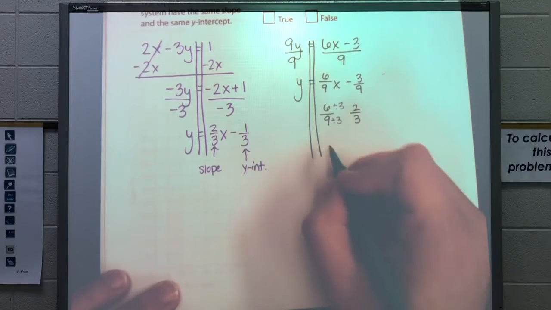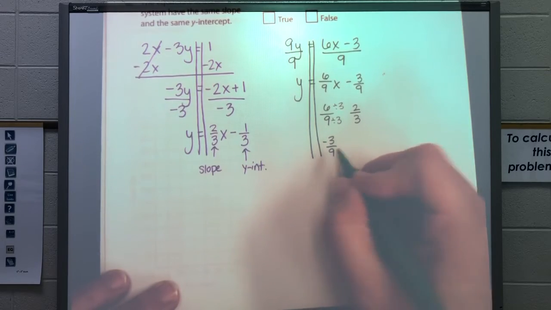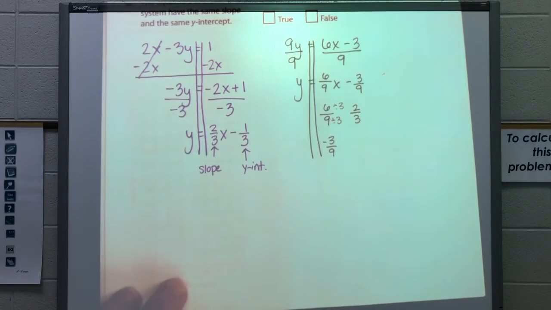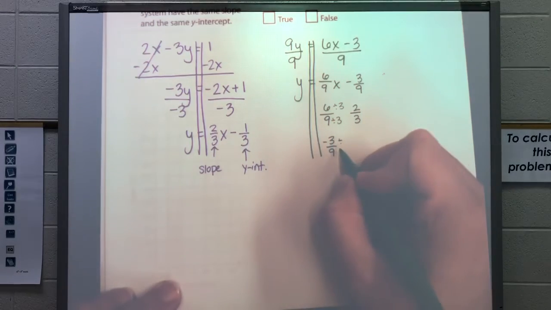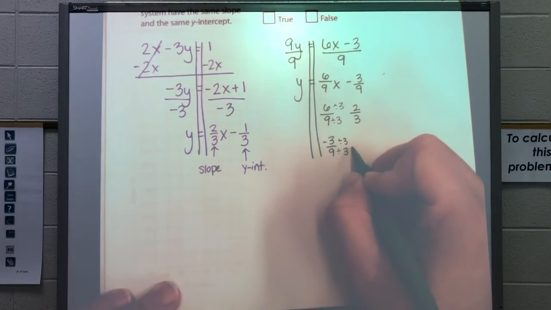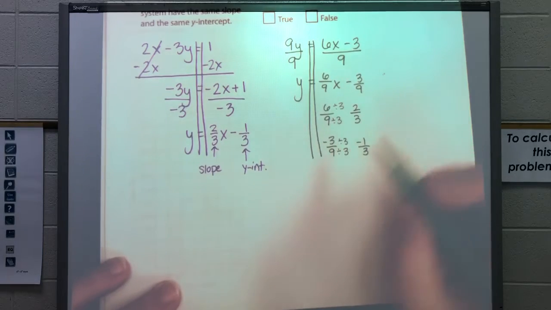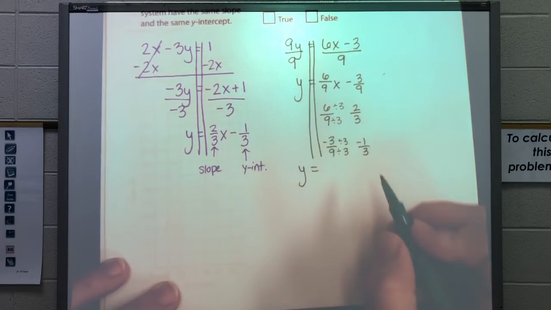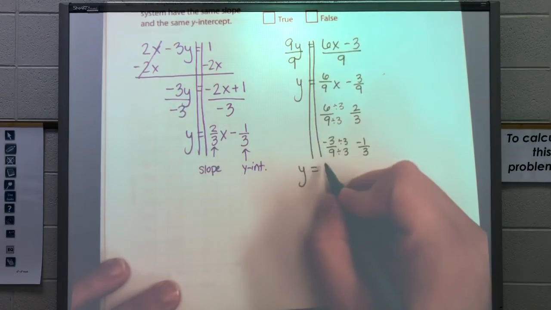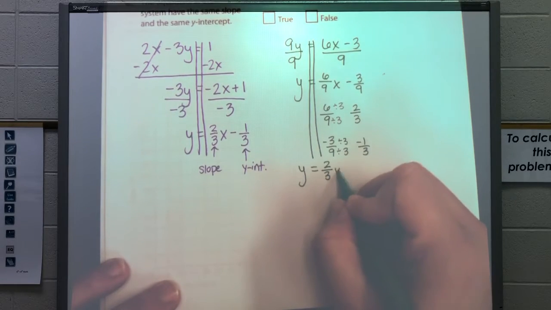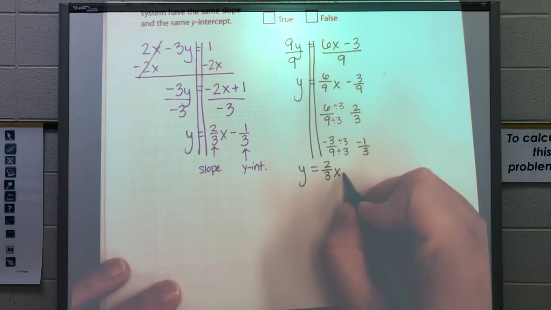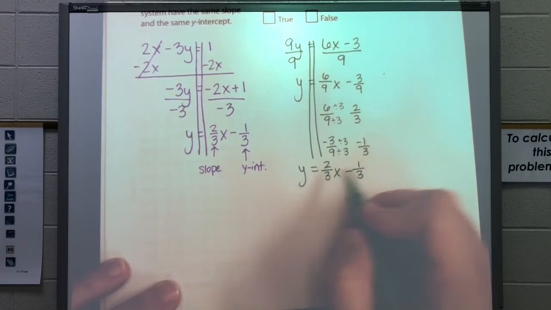And then same thing with a negative 3/9. What can go into 3 and 9? 3 can go into those. So I divide the top and bottom by 3, and I get a negative 1/3. So I go back and I put those in the correct place, and I get 2/3 x minus 1/3.